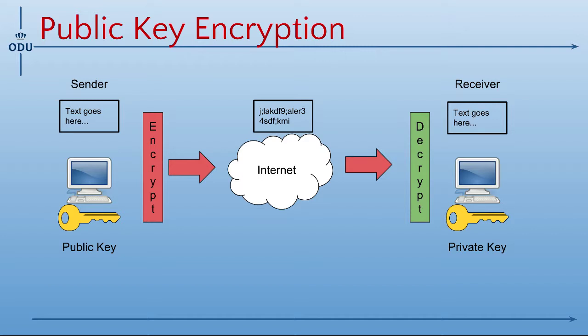The notion behind public key encryption is that there are two keys associated with a given organization. One key is a private key. The private key is kept secret by the organization. In this case, let's just say it's Amazon. They have a private key that is used to decrypt any messages coming into their organization.